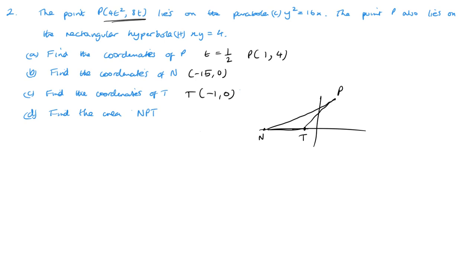So the distance from N to T is minus 1 minus 15, so that's going to be 14. This height is going to be from 0 to 4, so it's going to have a height of 4. So area equals a half times 14 times 4, which is 28.